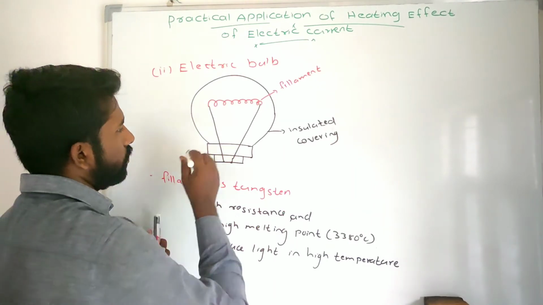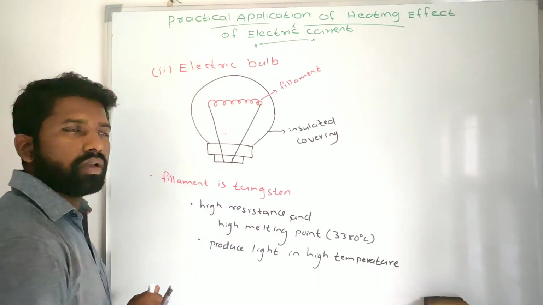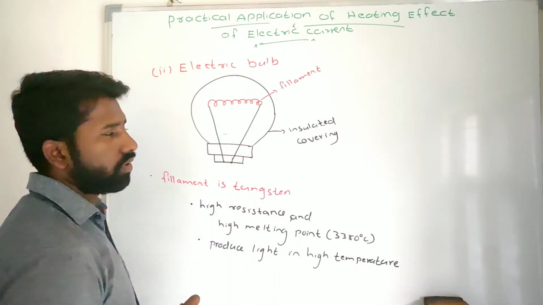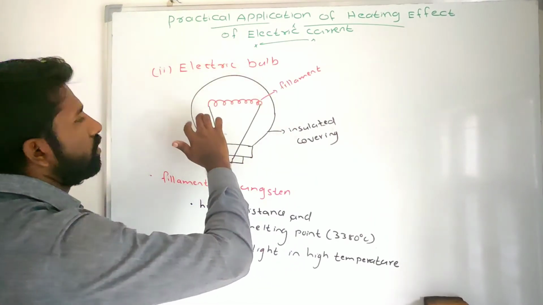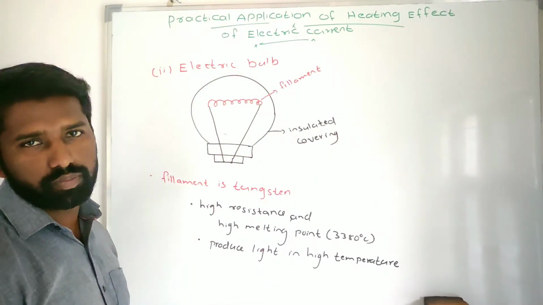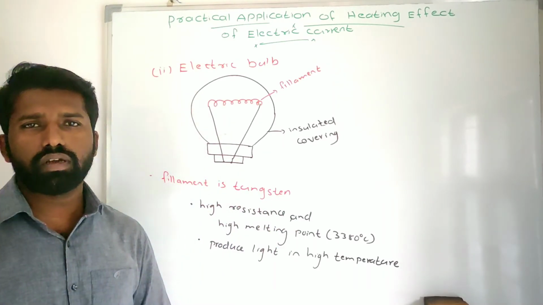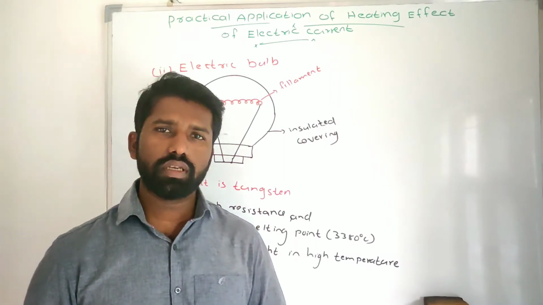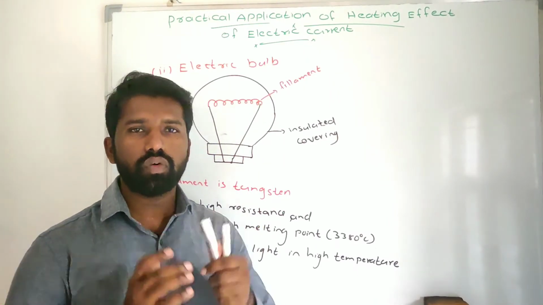Look at these two parts. They are used for supplying current to the filament. Then I will show you why this covering is there in the bulb. At high temperature, tungsten has a high oxidizing capability, so it will try to interact with oxygen and oxidize.